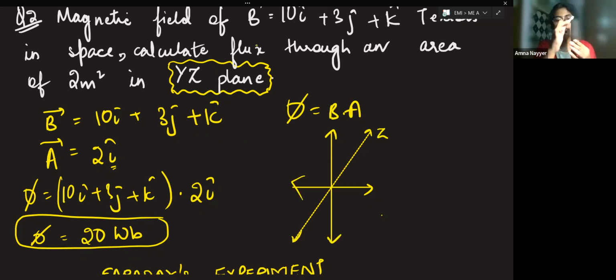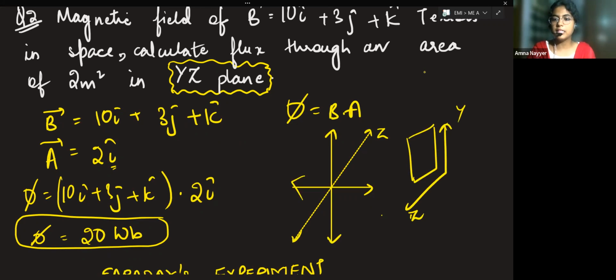So if the Y axis and Z axis are there, and something is kept here, perpendicular to it will point to this X axis. So the area vector's direction is along the x-axis. So that's why we write i cap here.